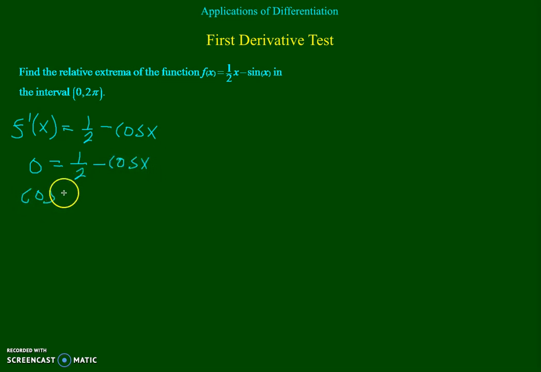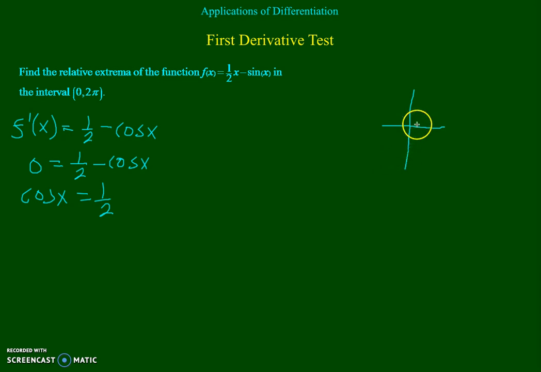Cos x equals 1/2. To determine the value of cosine at 1/2, we need to know our unit circle values. So let's just write it up here. Cosine is positive here and down here. Cosine is the x, so first and fourth quadrants.